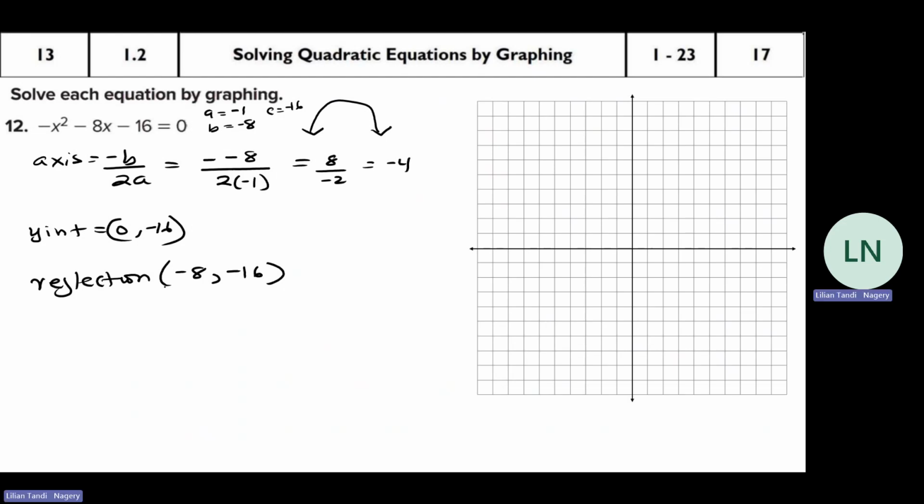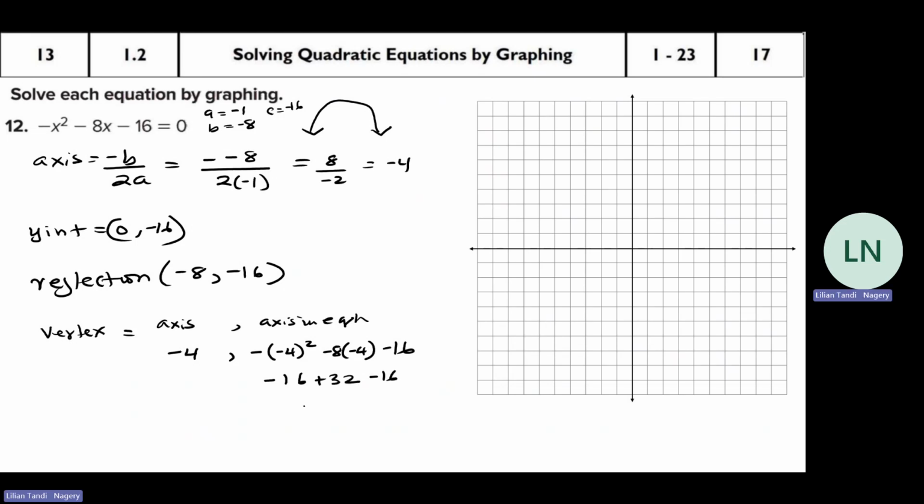Then my vertex will be my axis, and axis in equation. Axis is how much? -4. Axis in equation is -4 squared minus 8, -4 minus 16. -16 plus 32 minus 16. And that gave me 0.